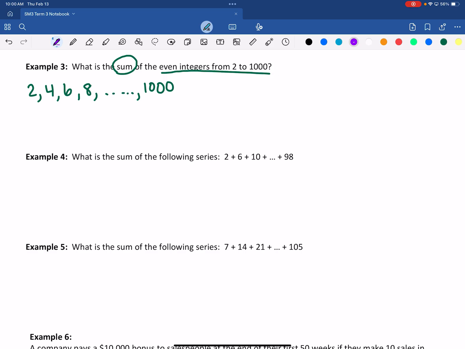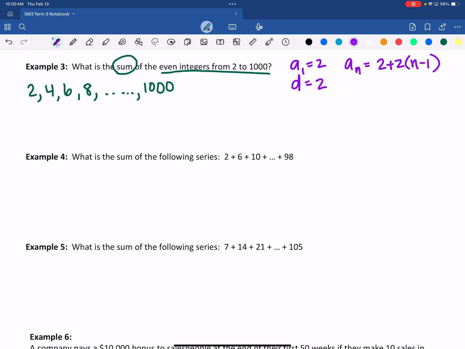So just go back to the original. Can you find me the first term? 2. Can you find me the common difference? 2. Can you write it as an explicit formula? Yes. Okay, so all of that's fine. That's what we learned last time, can you look at the pattern?